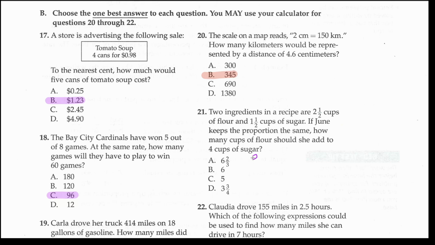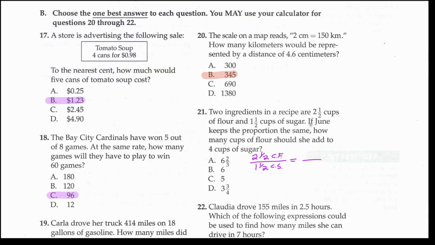I write 2.5 cups of flour, so C.F. over 1.5 cups of sugar, so C.S., equals.